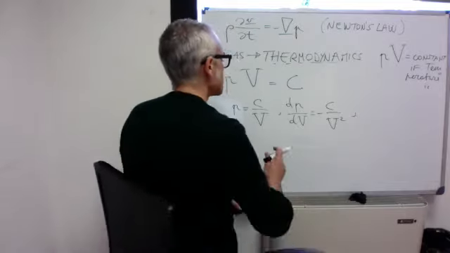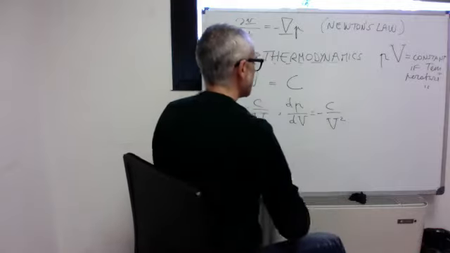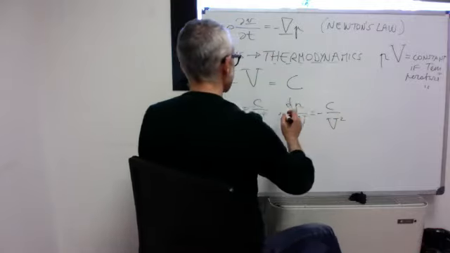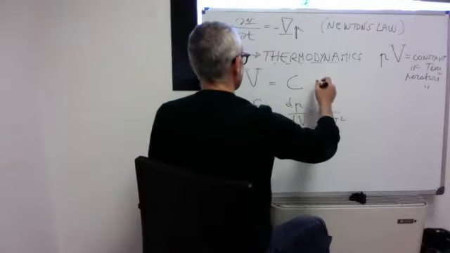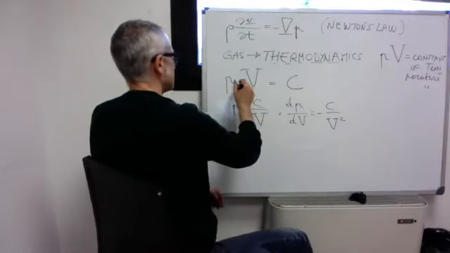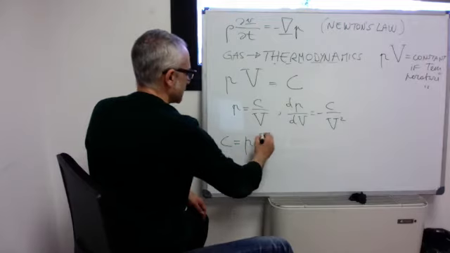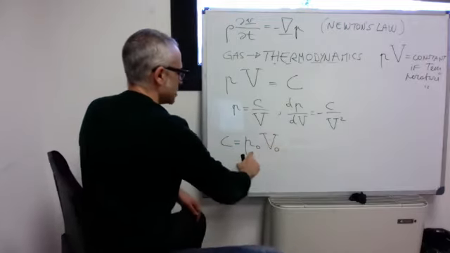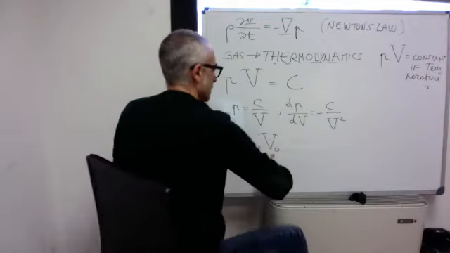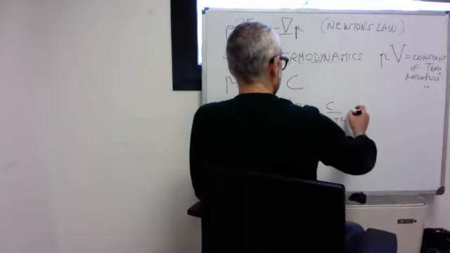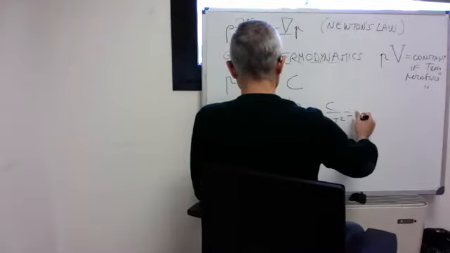Now C is a constant, and so at the beginning of my experiment, C is given by the initial value of pressure and volume, so I can substitute that in here.